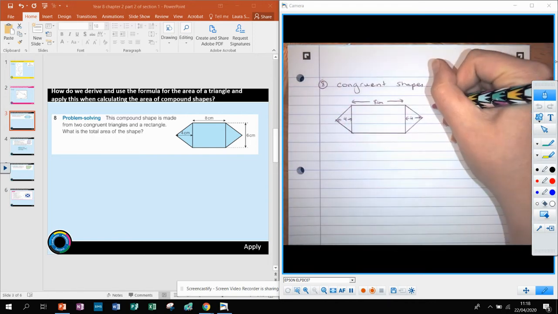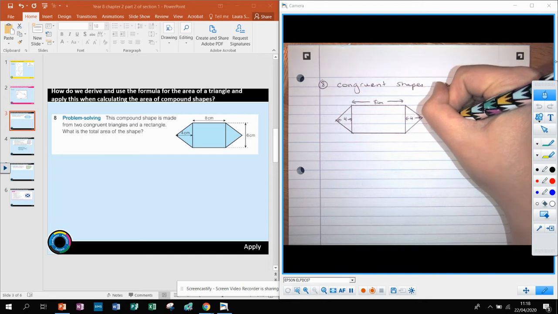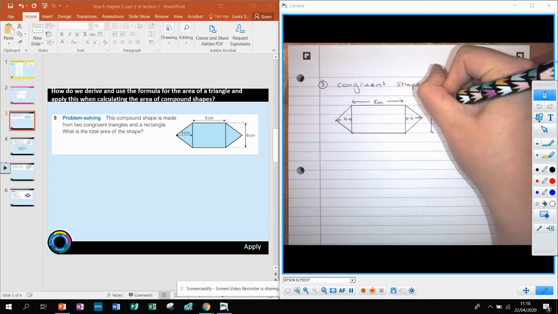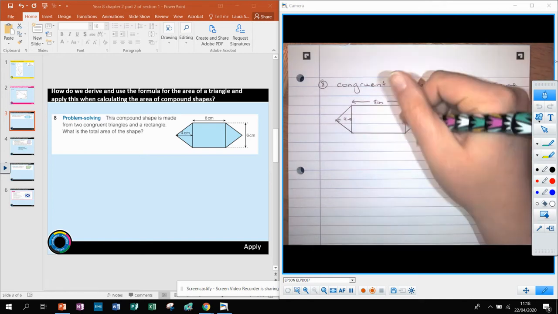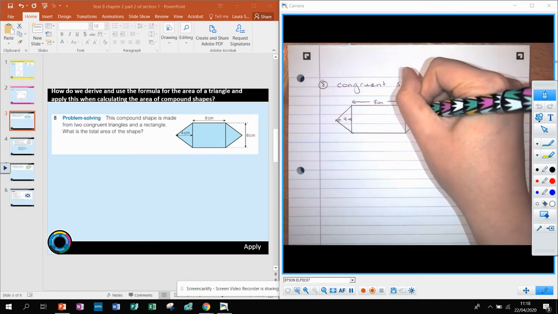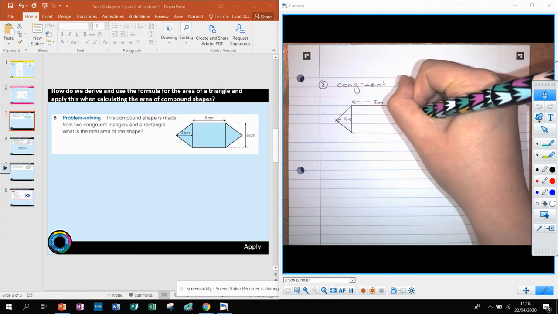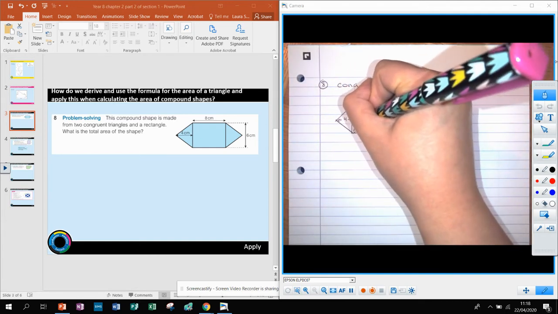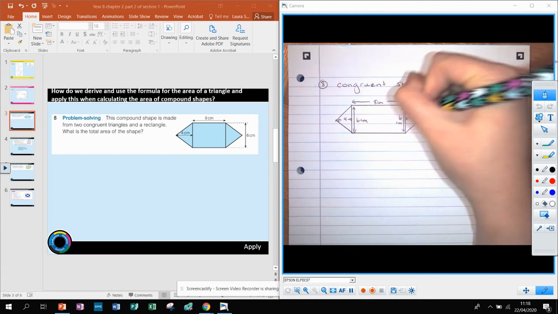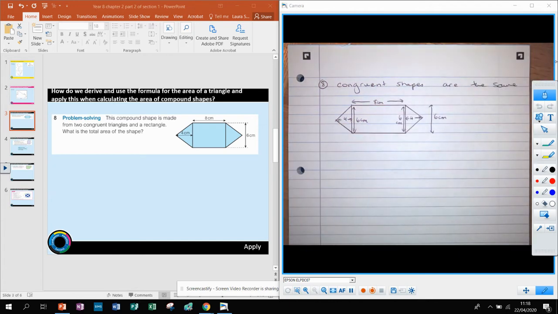All right, and they've told us that this length here is 6 centimeters, which would also mean for my 2 triangles that these are 6 centimeters each. So the advantage of having your diagram is you can label those sides and the measurements very easily.